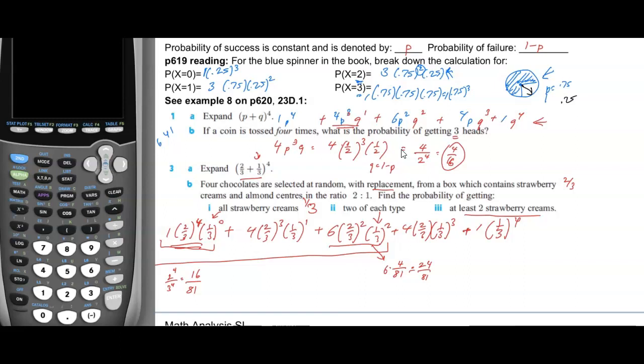And for part 3, I would want to add this one, this one, and this one. This one here would be 4 times 8 on top, and then 81 on the bottom, so that would be 32 over 81. So if I added all 3 of these to get this answer, it would be 16 plus 32 plus 24. That would be 56, 72 over 81. Okay, so this is the answer for the first one, the answer for the second one, and that's it.